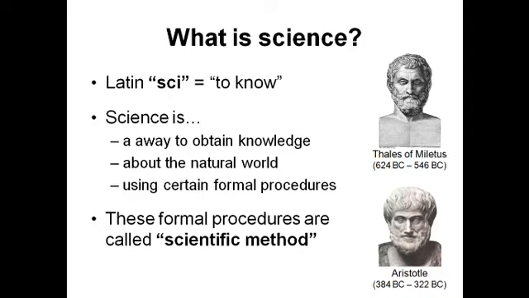This idea was first proposed by Thales before Aristotle, but Thales didn't write much compared to Aristotle. Some people regard Thales as the first person who proposed the scientific method, and some say it's Aristotle, but let's say both. In this definition we talk about certain formal procedures, and collectively we call these formal procedures the scientific method.